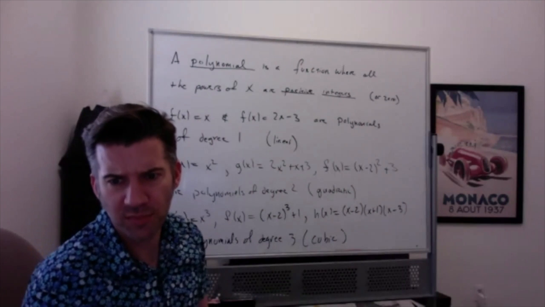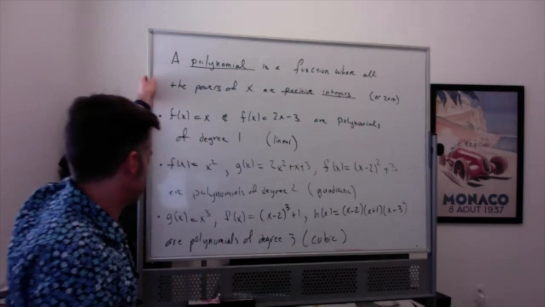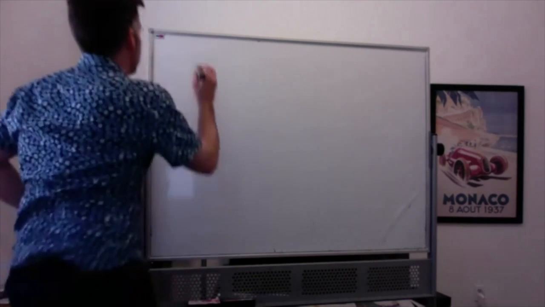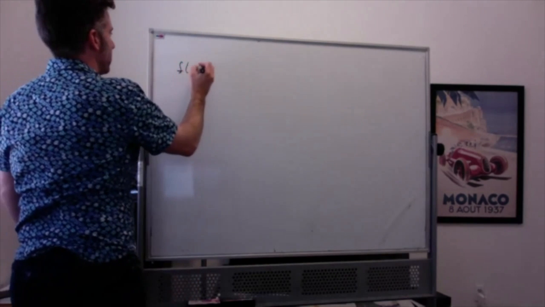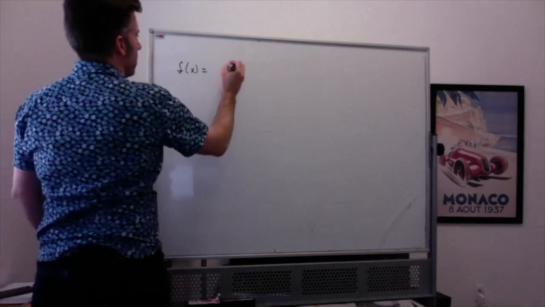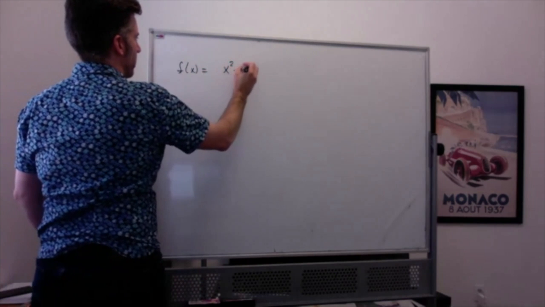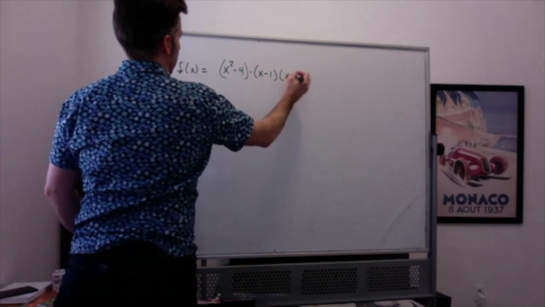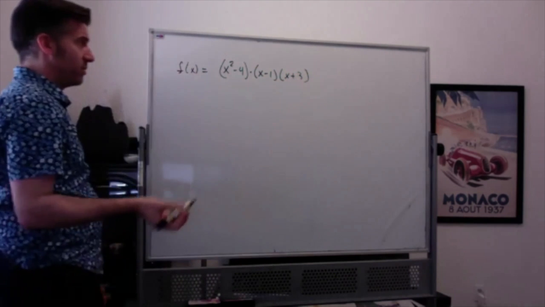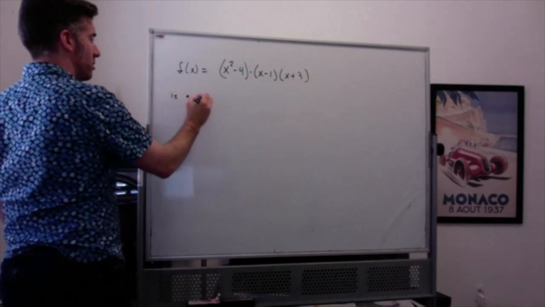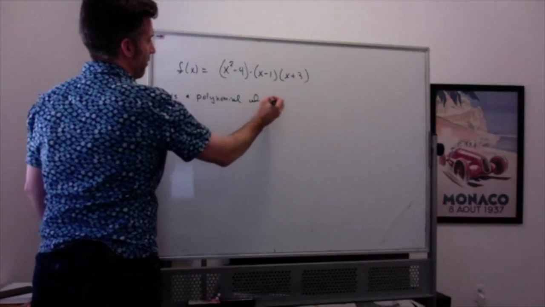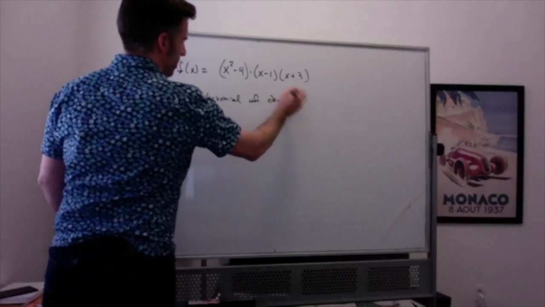Let me say a couple more things. I do want to point out that something like f of x equal to (x squared minus 4) times (x minus 1) times (x plus 3) is a polynomial of degree, what would the degree here be?